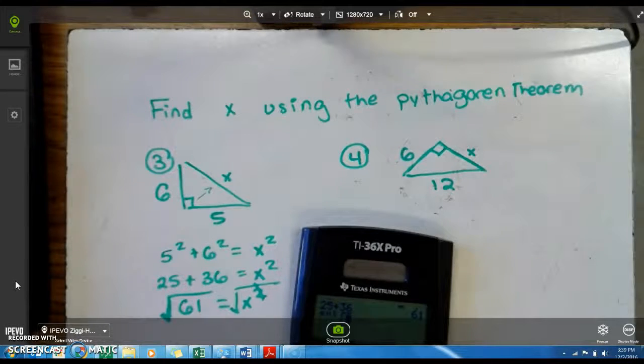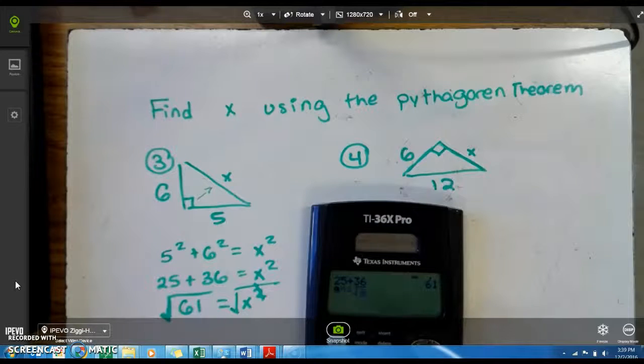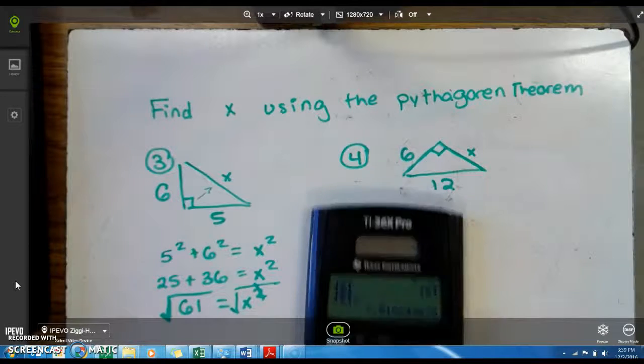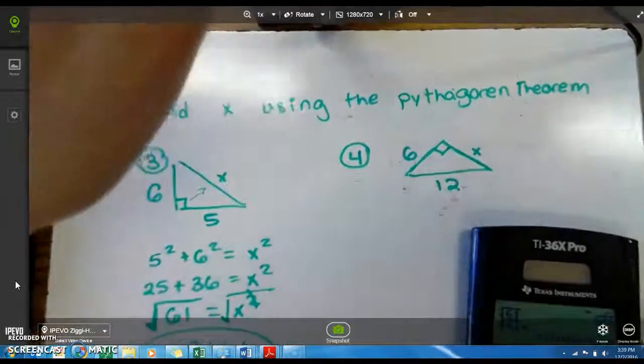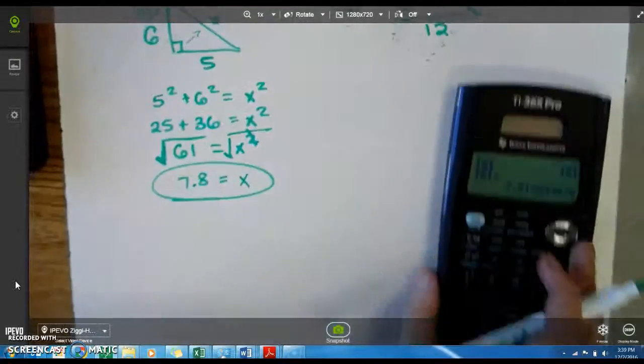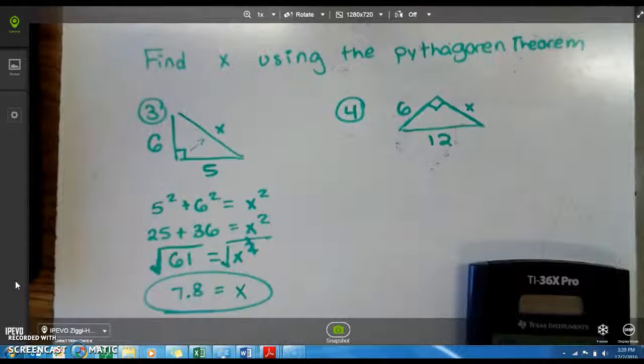Second square root 61 gives me that. Hit that button. 7.8. There you go.